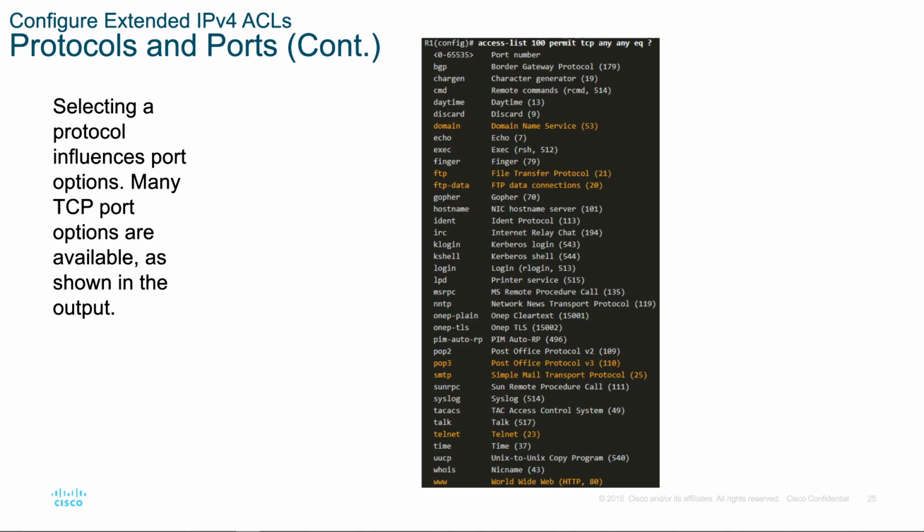So for example, if we wanted to filter port 80, we could use www instead, or we could just type in 80. Okay, so if you look here, there's our options. So it tells you what the port numbers are that correspond to that name. So you can go through and list them off.